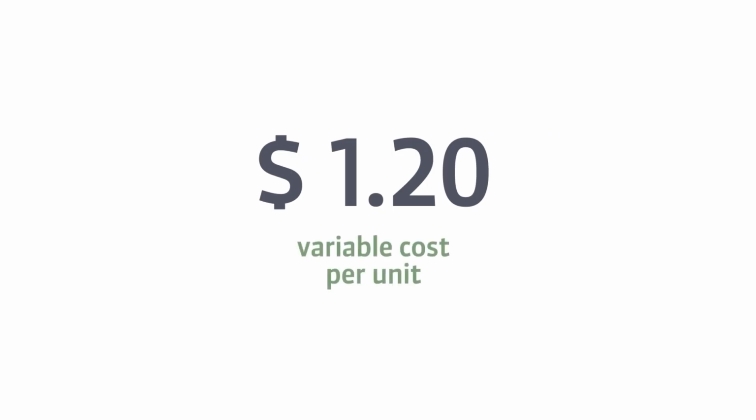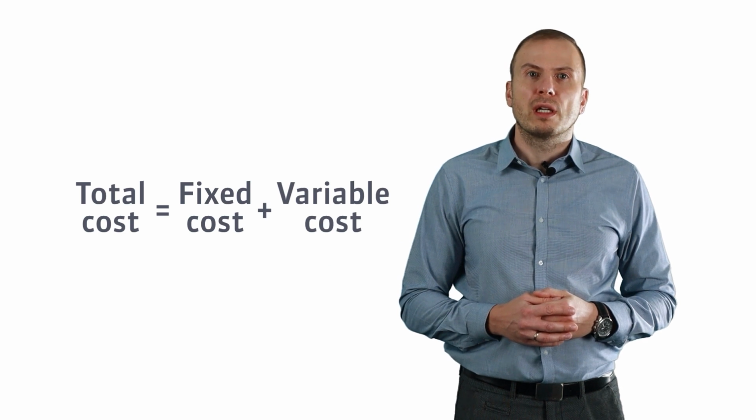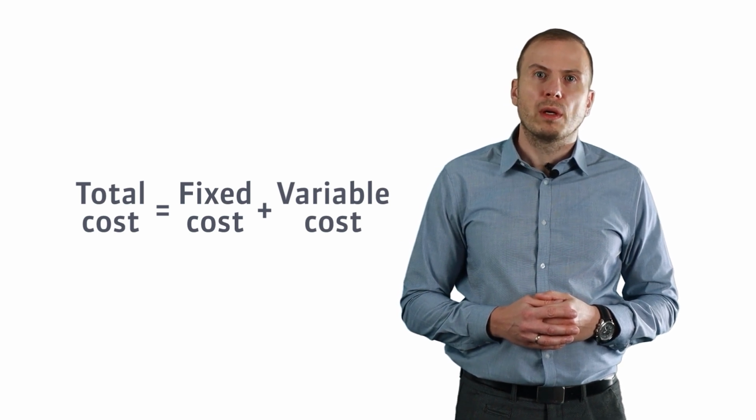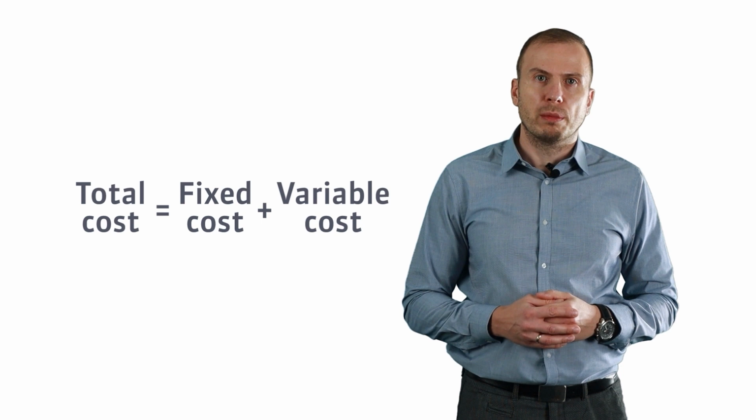Since we know what our variable cost is, we can now calculate the fixed cost. Let's do it together. The total cost is the sum of the fixed and variable costs.